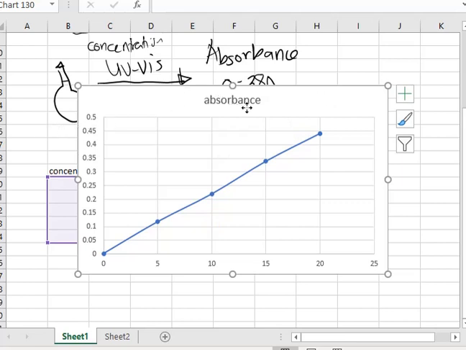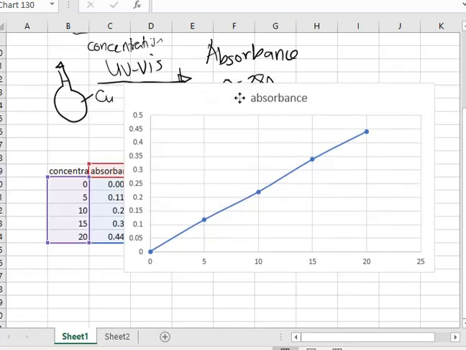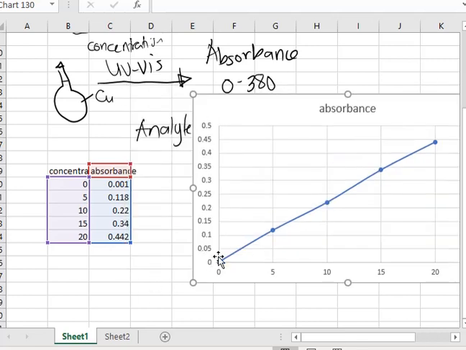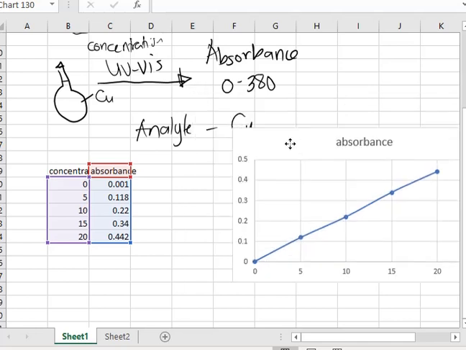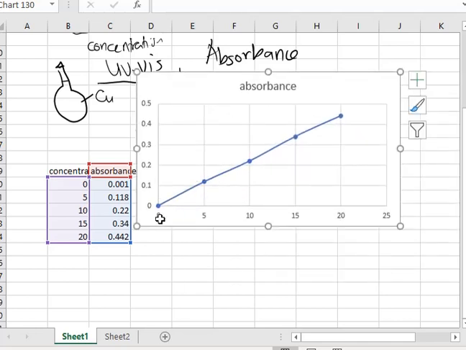As you can see, this XY scatter shows concentration: 0, 5, 10, 15, 20.